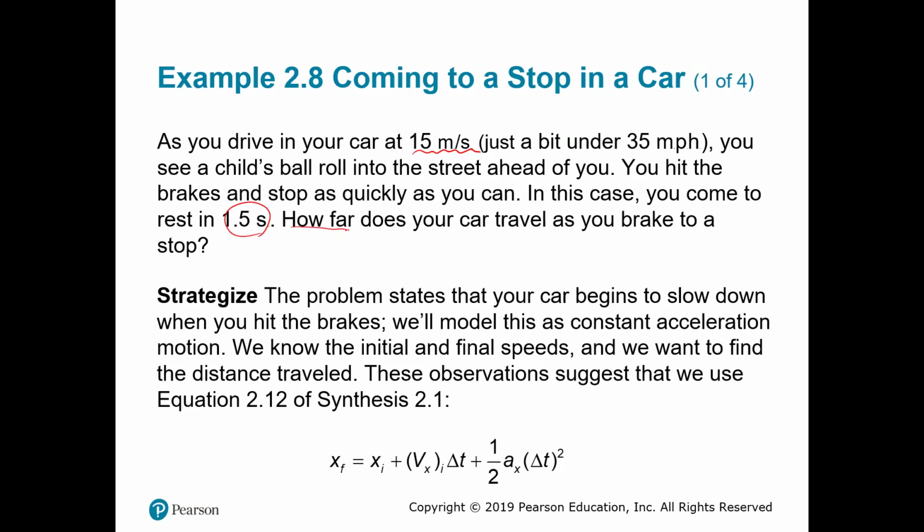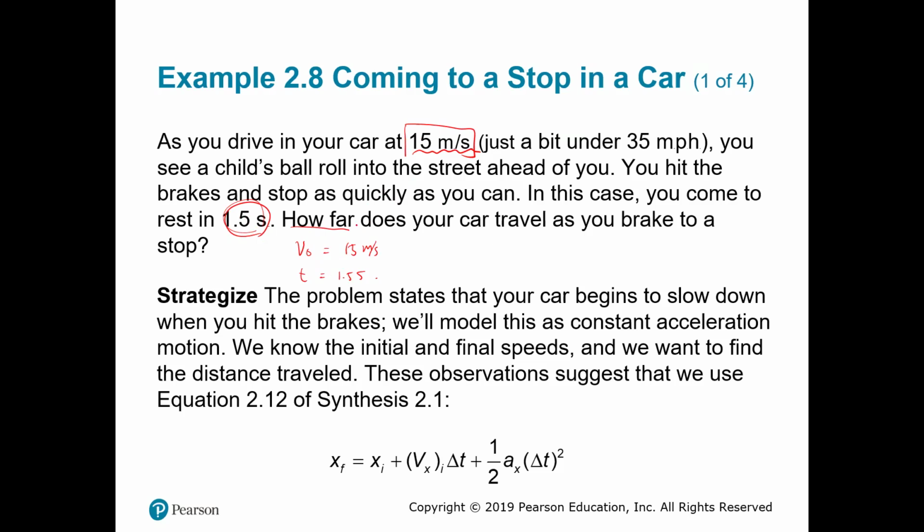So now, again, the very first step is to find the 3 given variables. What is the first? You can see the numbers clearly, 15 and then 1.5. So 15 is what? Initial velocity, because you were driving at 15 meters per second, right? So this is V0. And then what else? You have 1.5 seconds, which is T.